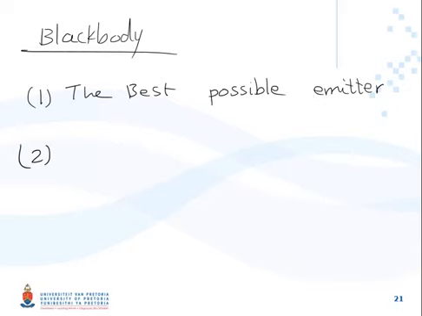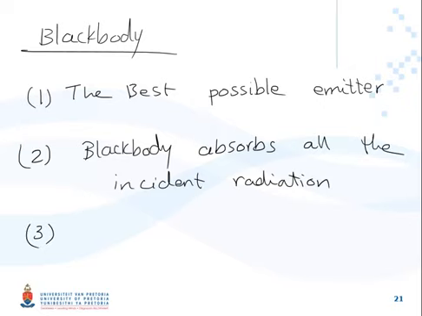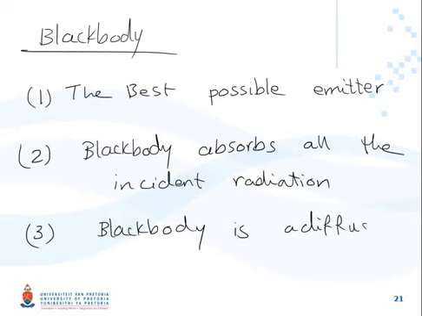Second, a blackbody absorbs all the incident radiation. And the third one is that a blackbody is a diffuse emitter.